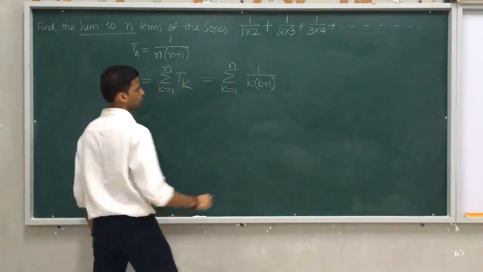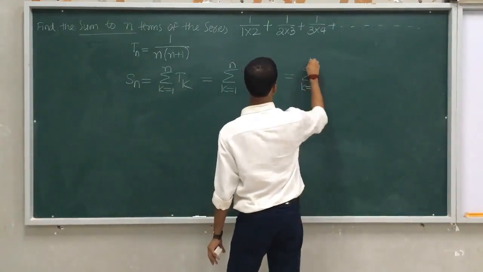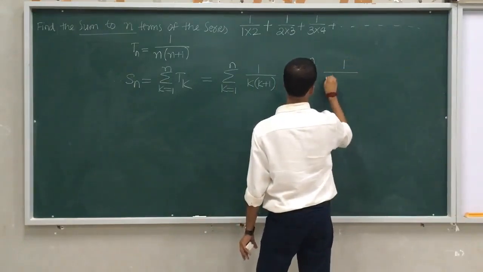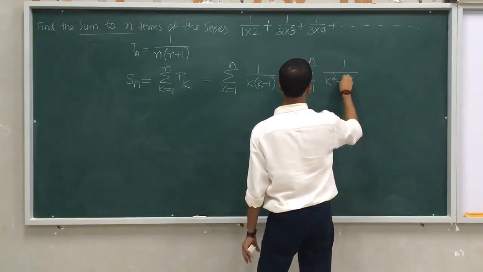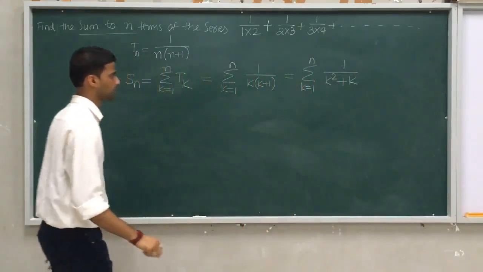We can say this as the summation k from 1 to n of 1 by k square plus k. Yes or no?